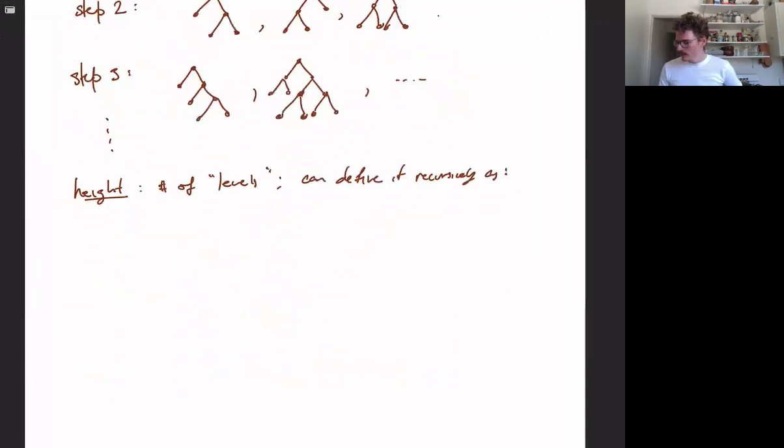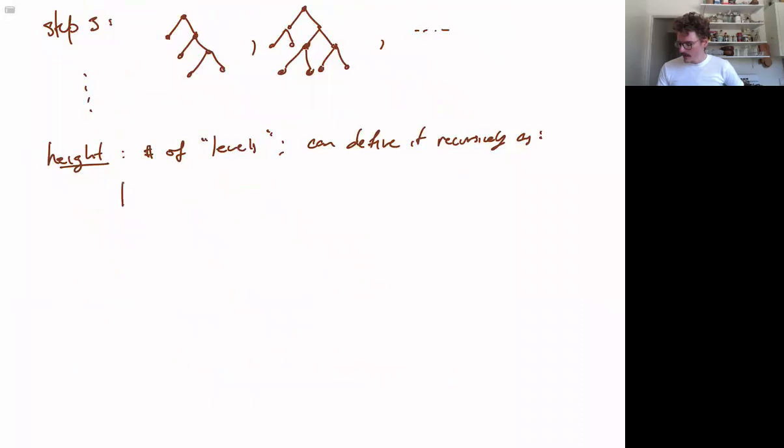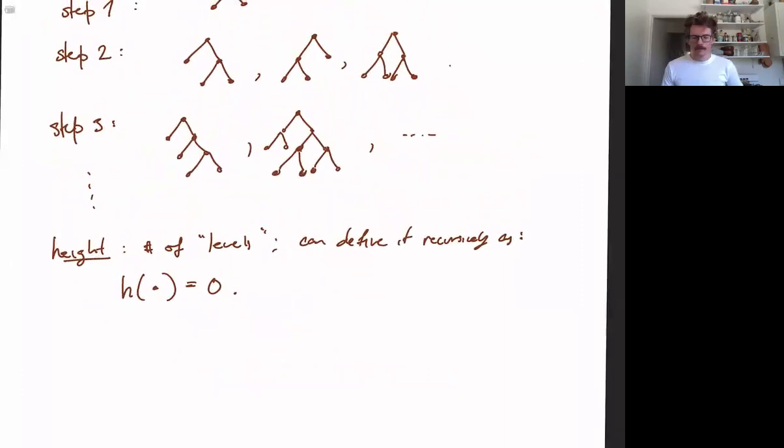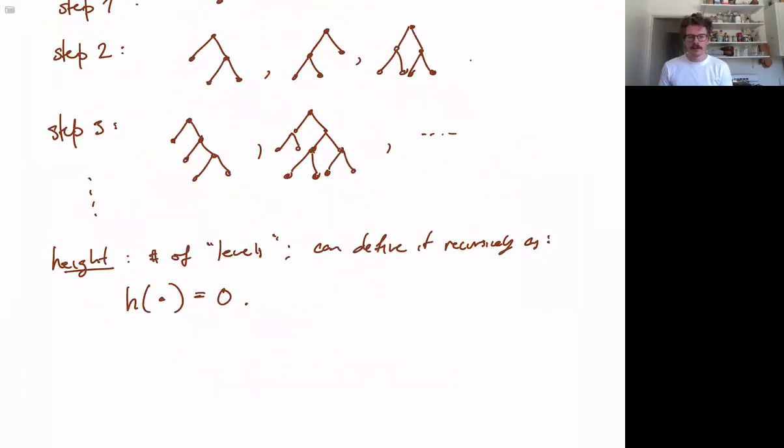So the base case is the height of the single vertex binary tree, single node, is 0. You could also define this to be 1, but I'm just following the convention in the book, which is to call it 0.